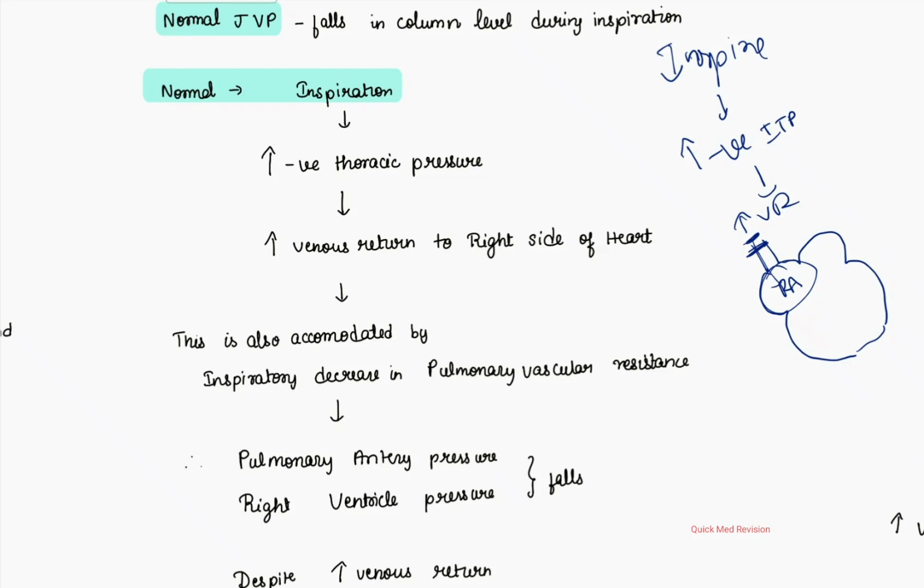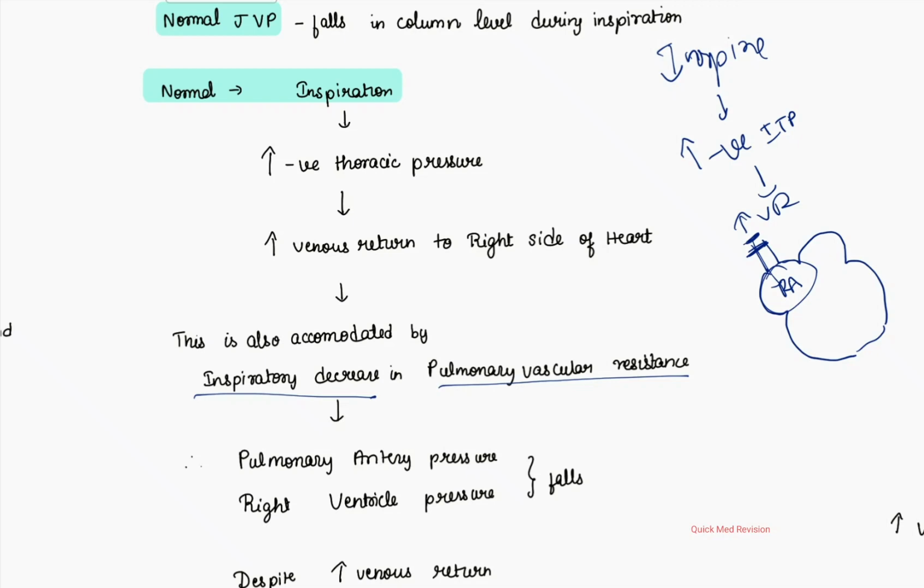This is also accommodated by the inspiratory decrease in pulmonary vascular resistance, because during inspiration the chest expands and the pulmonary circulation is not that compressed. During expiration, the pulmonary circulation is compressed by the thoracic cage, but when the thoracic cage expands, it doesn't get compressed.